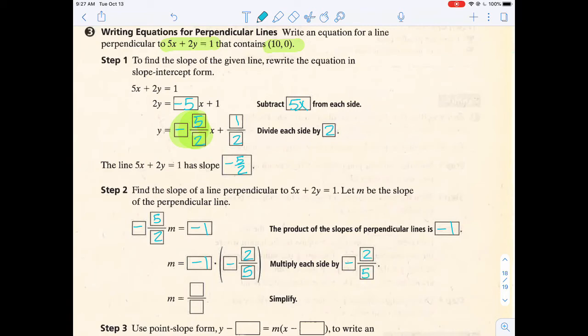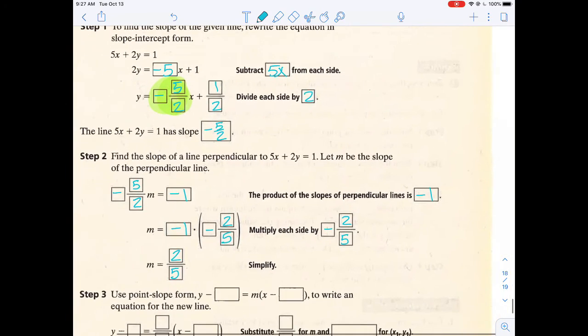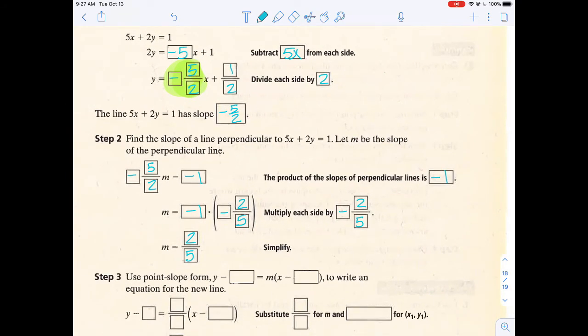We're going to multiply by negative 2 over 5. So negative 1 times negative 2 over 5 is actually positive 2 over 5. So our slope for our perpendicular line is 2 over 5. If you were using the opposite reciprocal idea, negative 5 over 2, change the sign, positive, flip the fraction, positive 2/5. It's up to you what works best.